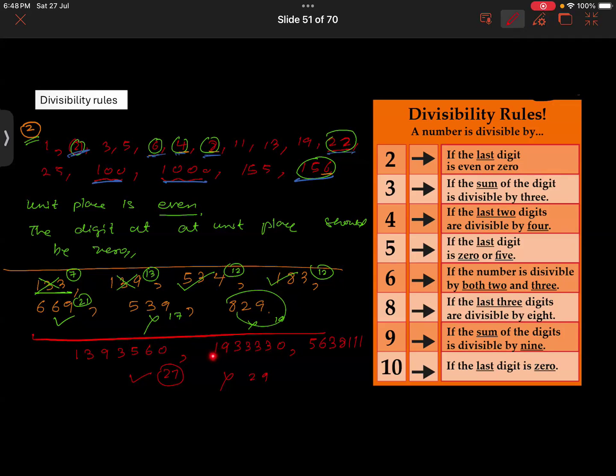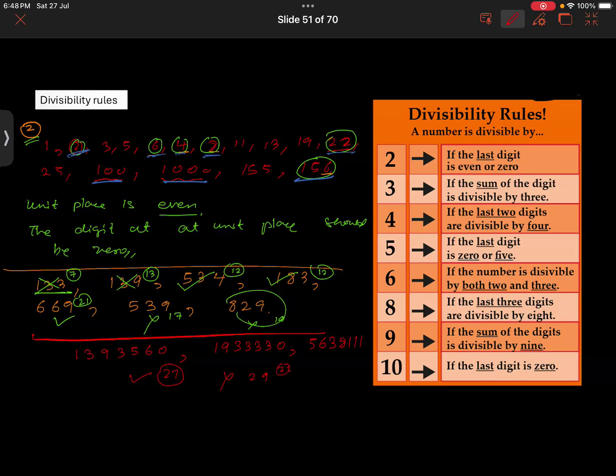By the way, the number is 193333 and 0. So there you'd be getting 22. Okay, Habib. For the second number, it won't be 29. It's actually 22. But still, it is not divisible.